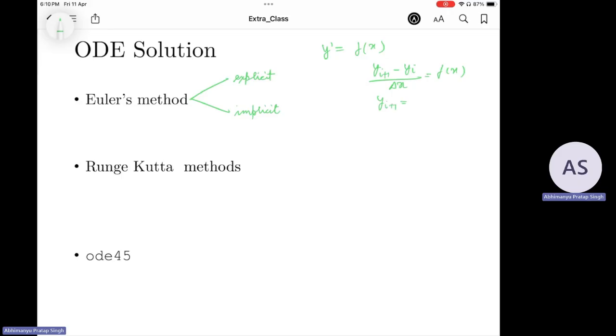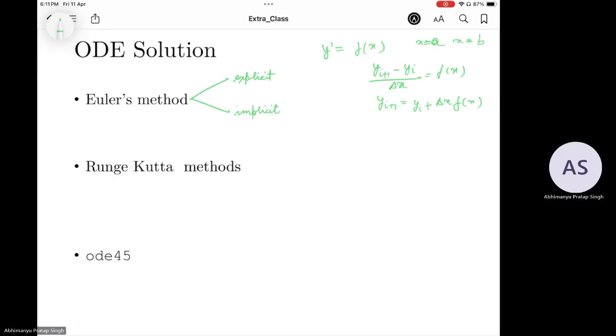So yi plus 1 would become yi plus delta x f of x. And we can solve this incrementally from x is equal to a to some boundary b. We solve this incrementally and we get the value of the function y as a vector.